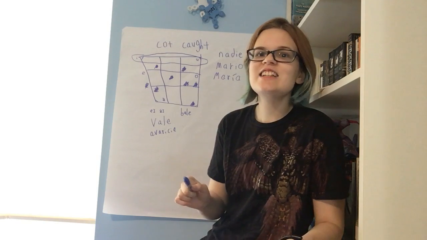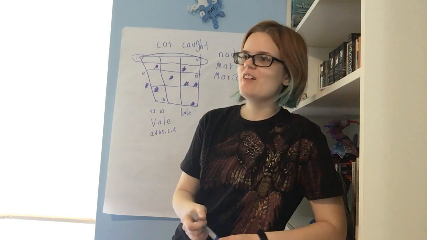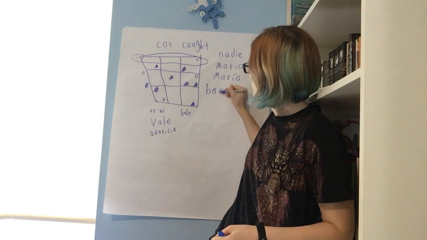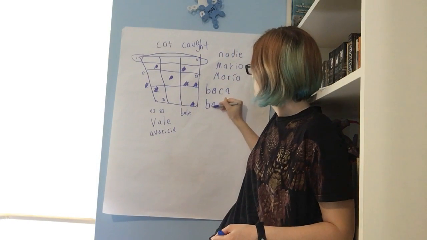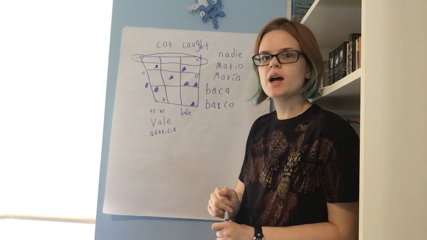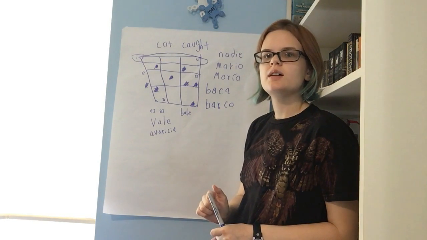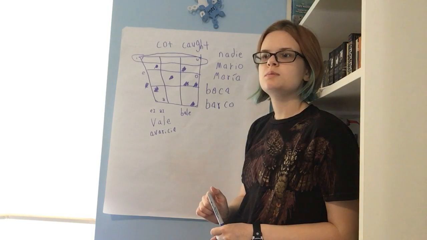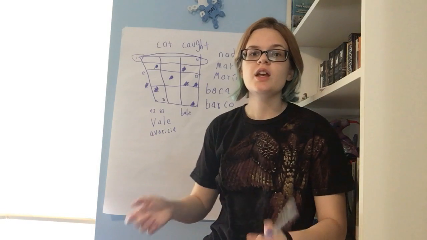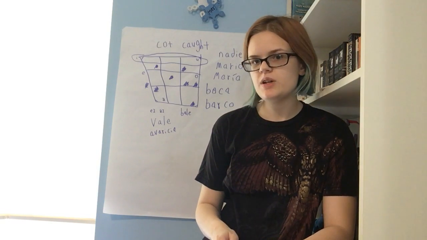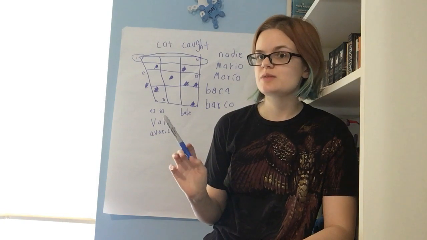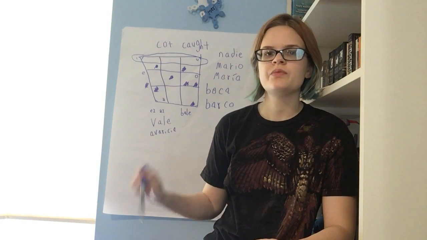So, I actually can't even tell you if words with B's, like boca and barco, are supposed to be boca or boca, barco, barco. You know, now I can't even hear the difference. You know why? As a native English speaker, my brain is trained not to pay attention to the difference between aspiration and not aspiration.